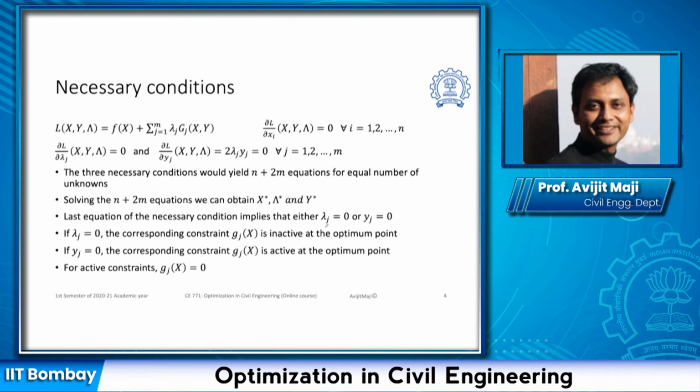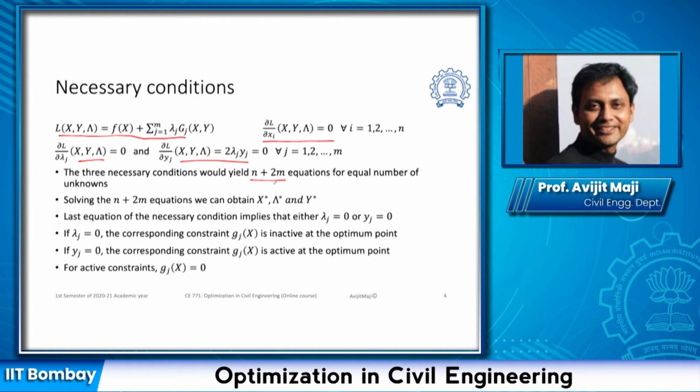Now in this necessary condition, where we represented the Lagrange function as this, the partial derivatives which look like this are equal to 0, this is equal to 0, and this is equal to 0. We said that these equations would yield n plus 2m equations for an equal number of unknowns. So we have n variables, m Lagrange multipliers, and m slack variables.